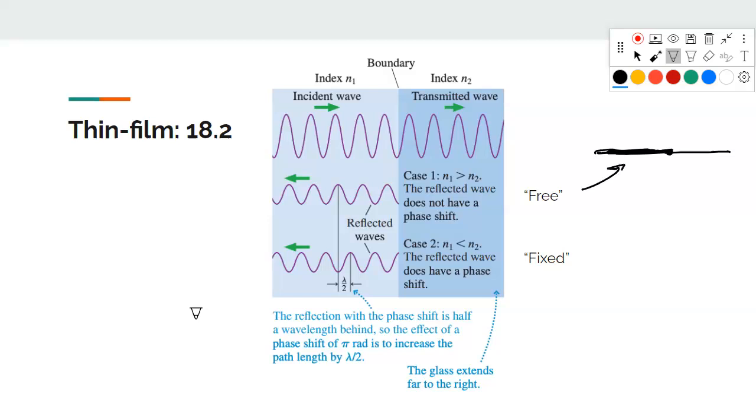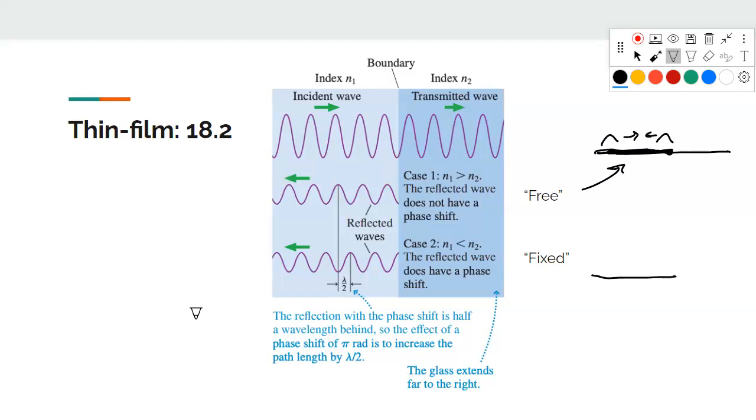And so we'll call this a free boundary condition. And in that case, if a pulse comes in, the pulse that's reflected back will be on the same side as the pulse that comes in. So this is just a review of the last chapter.